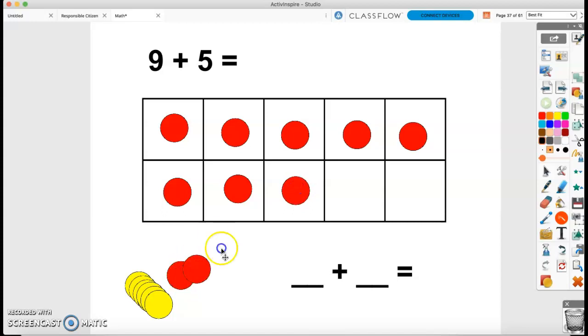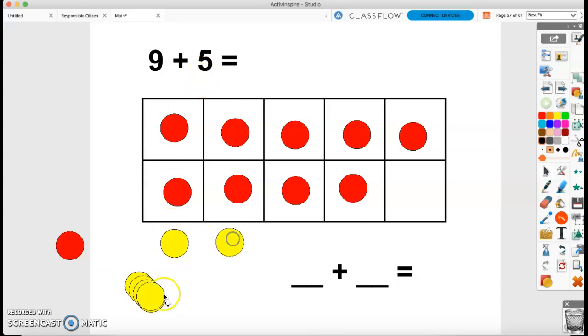So 9 in my 10 frame, and then it says I need 5 more. So I'm going to put 5 on the outside. 1, 2, 3, 4, 5. So I have 5 on the outside.